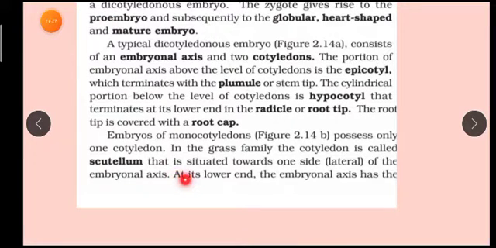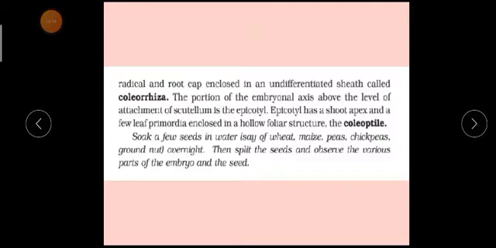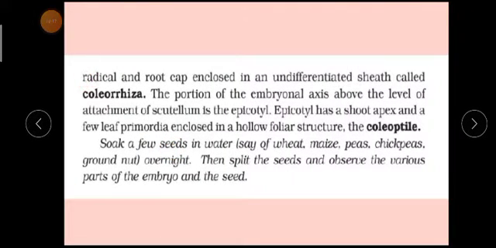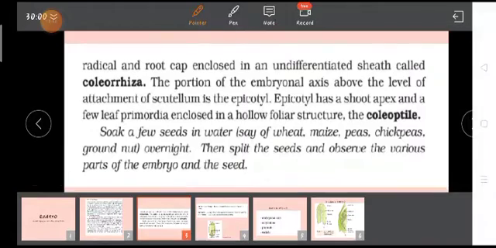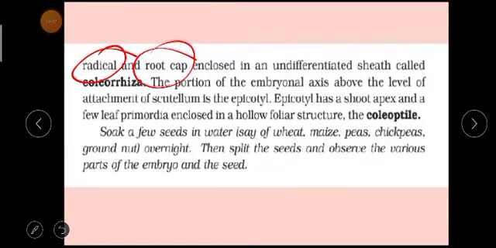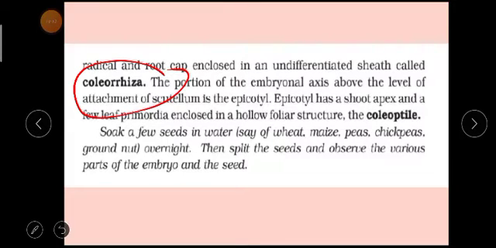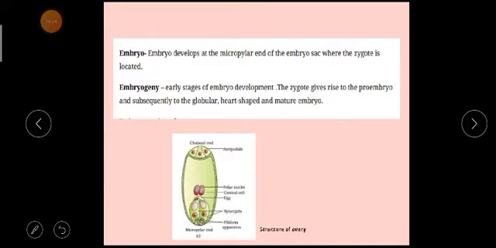Okay, since we are talking about your monocot embryo, at the lower end of the monocot embryo, what is going to happen? You are going to have an embryo axis, and in that embryo axis, the radicle and the root cap will always be enclosed or covered in an undifferentiated sheath. Both of them, the radicle and the root cap, are going to be covered in one particular sheath, and that is called your coleorhiza.